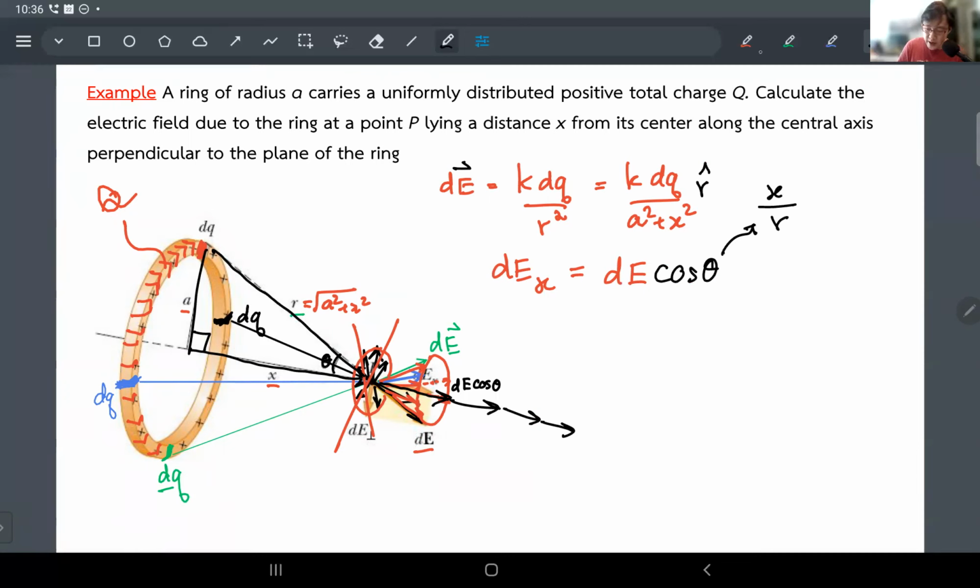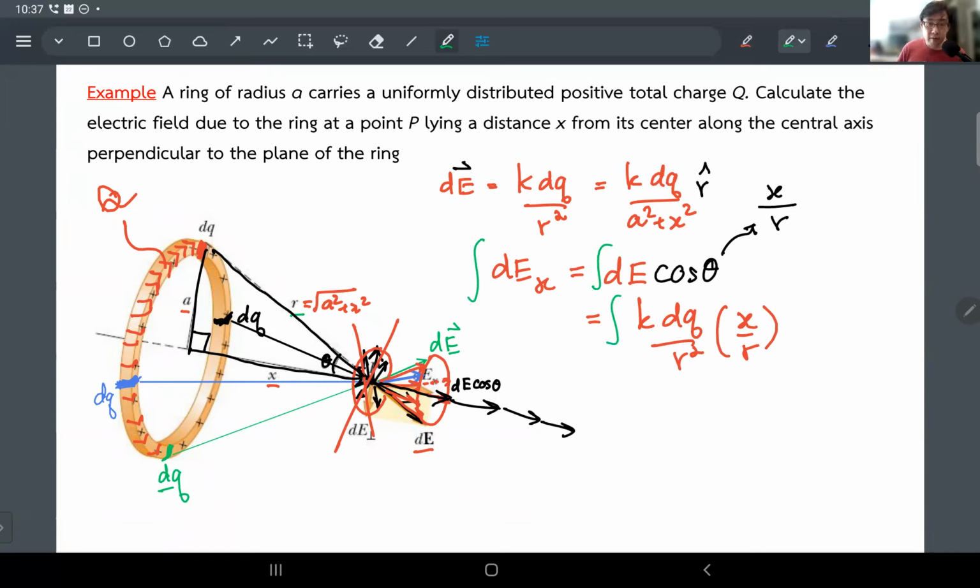So not much to be done here. Just keep going. So it's going to be k dq over r squared times x over r. Okay. And then you want to sum them all up.